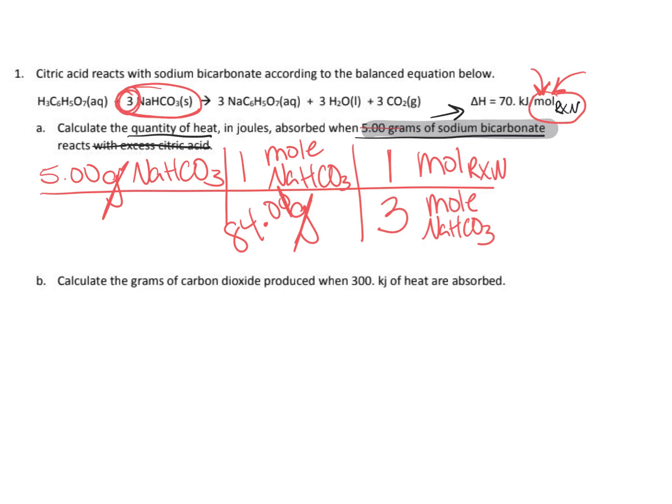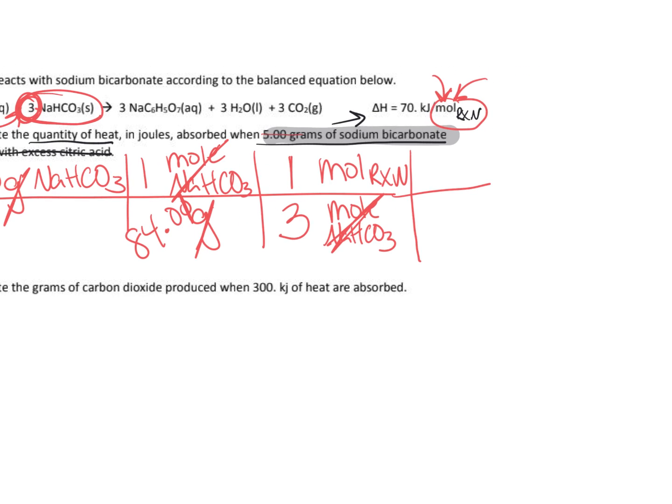And I know that because in one balanced equation, I have 3 moles of my sodium bicarbonate. This is going to allow me to cross out moles of sodium bicarbonate, and it leaves me in moles of reaction. So again, before I even start thinking about the conversion, if I have moles of reaction at the top, then I'm going to have moles of reaction at the bottom.